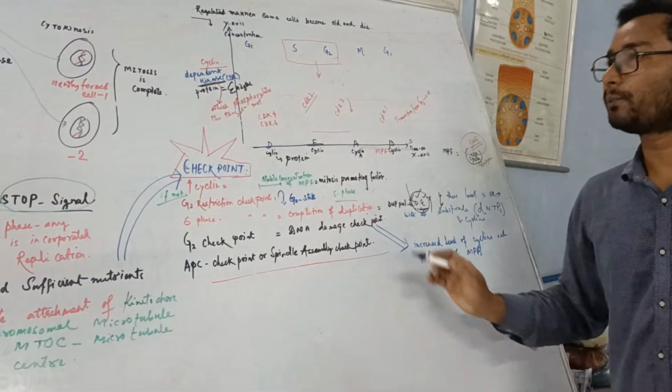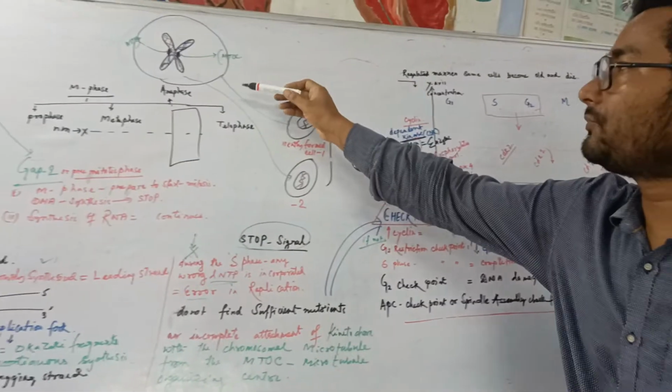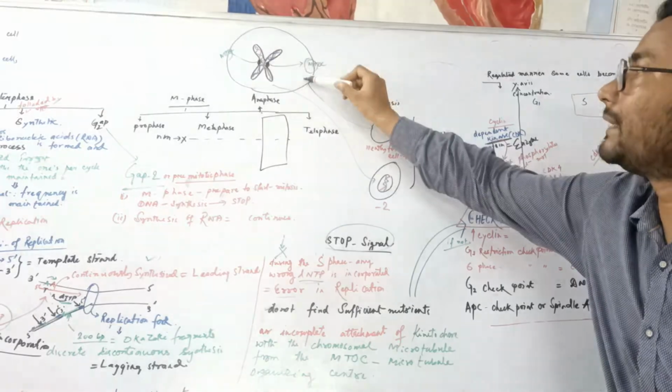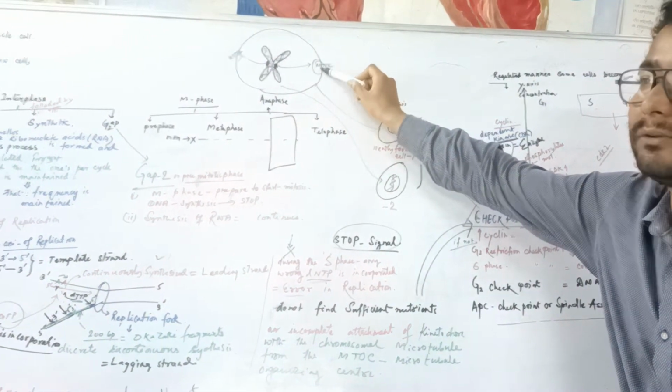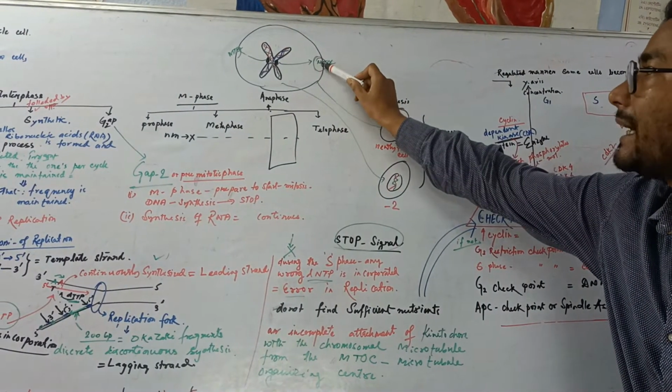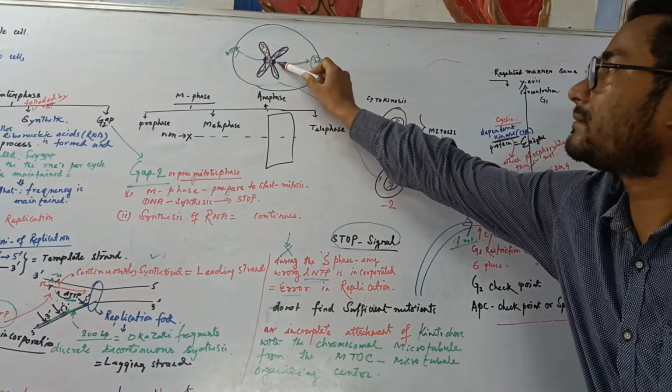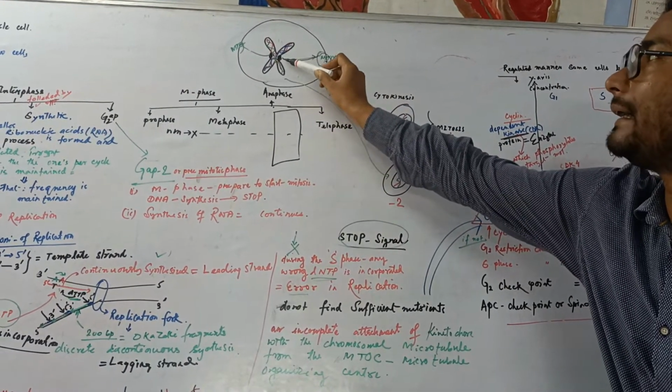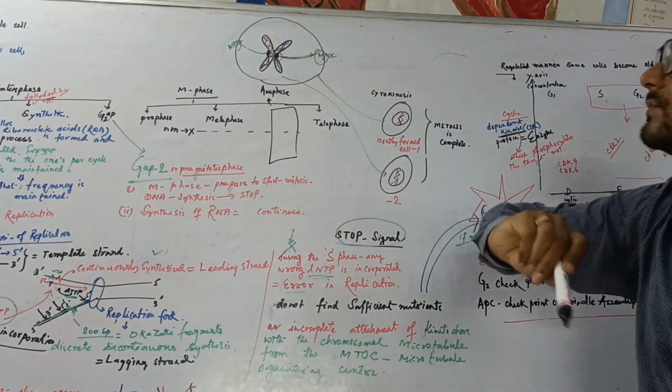Now the APC checkpoint, I want to elaborate on this. If you see the microtubule organizing center, where you have centrioles, some spindle fibers move out from here and attach to the kinetochores.